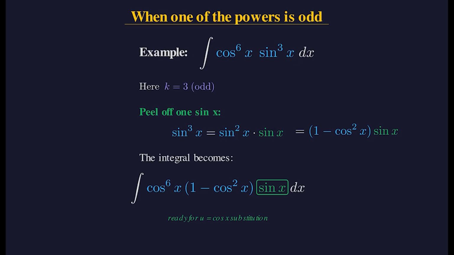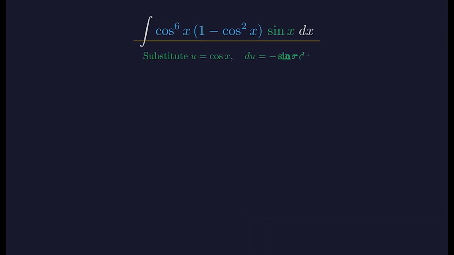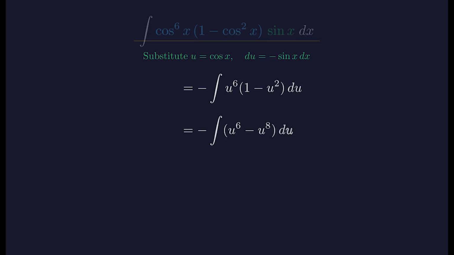Moving on from this, if I now substitute u equals cosine x, we therefore get du equaling minus sine x dx. So we get minus the integral of u to the 6 times 1 minus u squared du, which eventually transforms into negative u to the power 7 over 7 plus u to the 9 over 9 plus c.